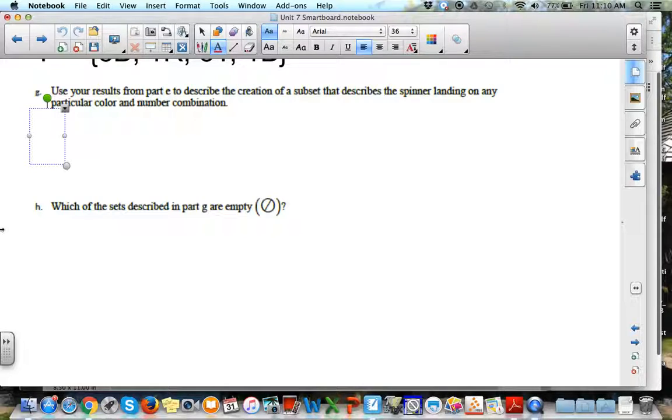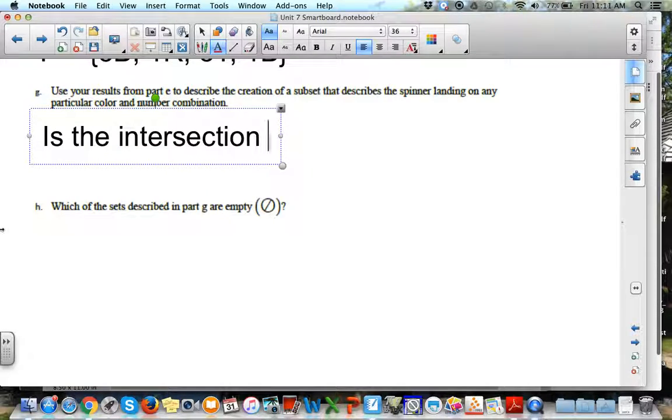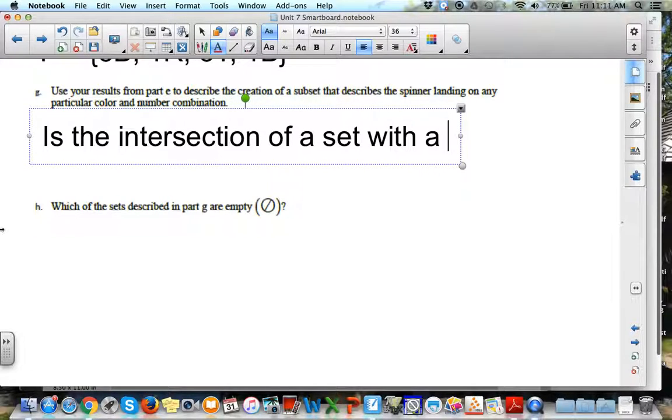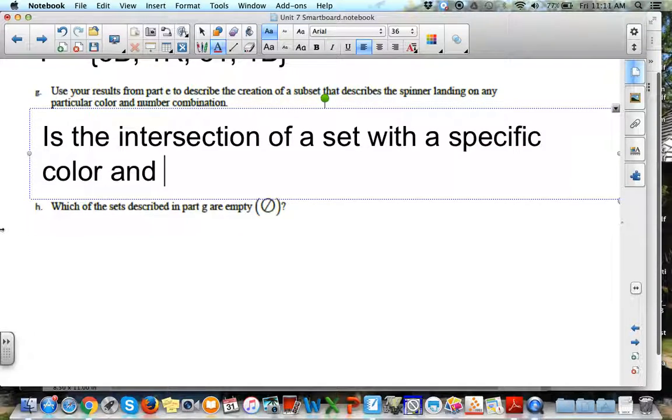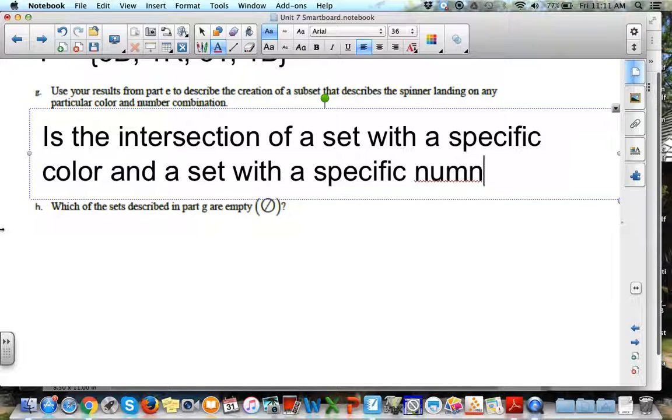How do we generalize that subset? The way that I wrote it is that this subset is the intersection of a set with a specific color and a set with a specific number.